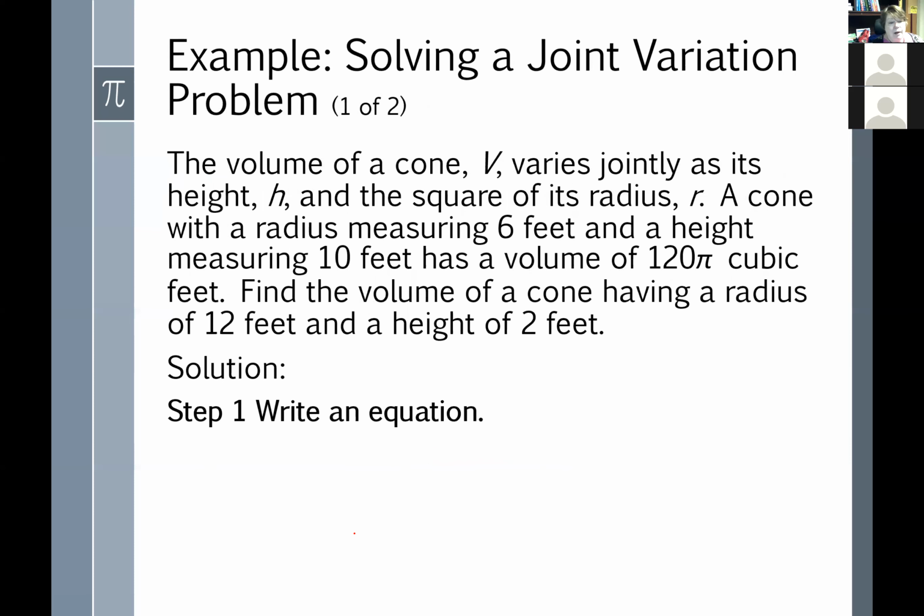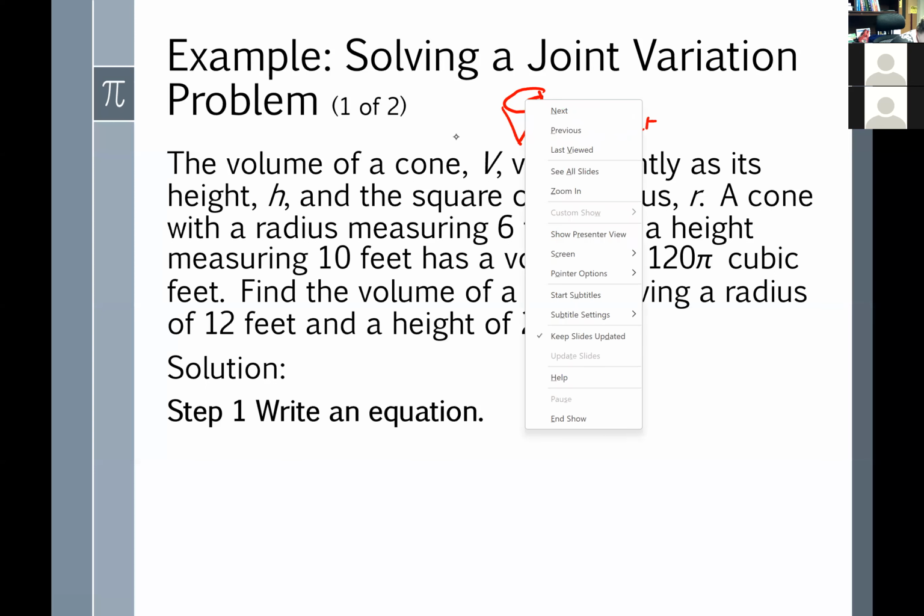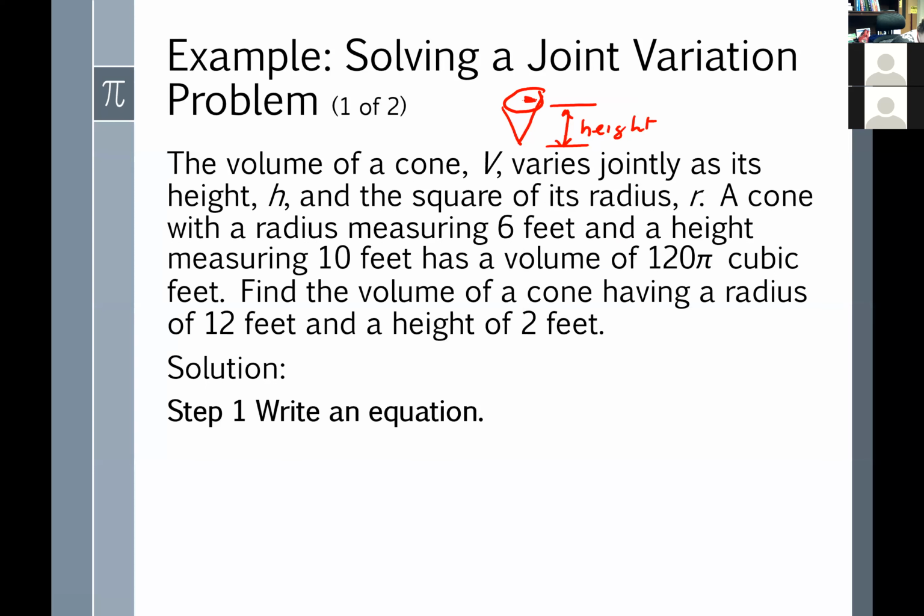The volume of a cone, it's a terrible drawing of a cone, varies jointly as its height. So this is its height. And the square of its radius. So the radius is that distance right there. That's the radius. Terrible drawing.